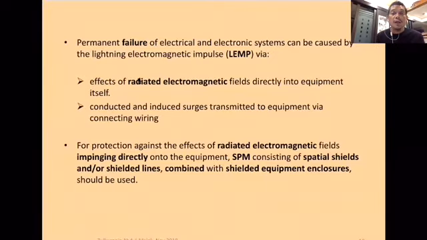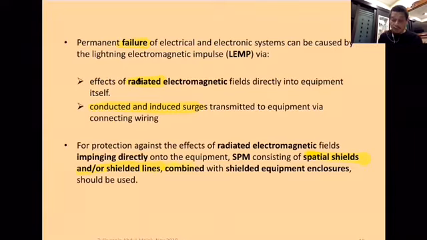Okay, so there are two things in summary. Our equipment can fail due to radiation or due to conduction. Conduction means surges, radiation means field. So to reduce the field, you need to use a shield, either special or a shielded line. Special means you use a thick structure made from metal that shields the magnetic field from coming in. There is some design for this, the thickness as well as the way you construct the wall.